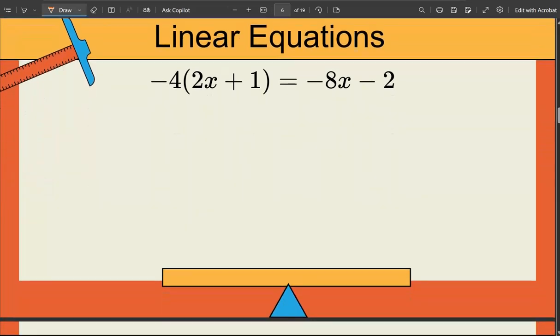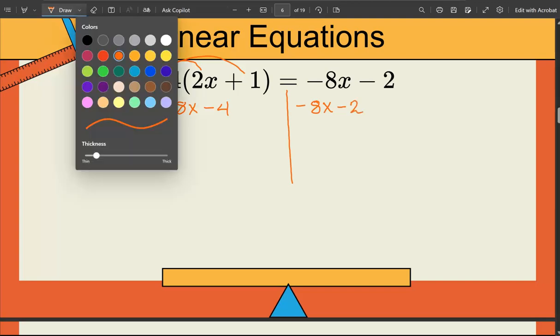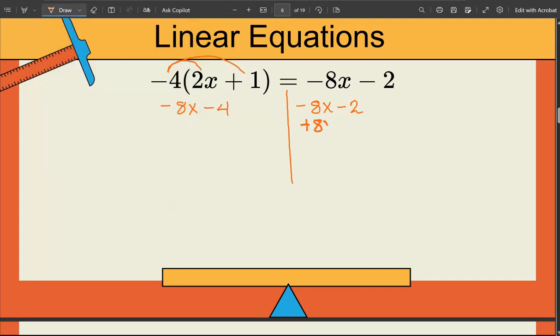So let's try this one. Here I'm going to draw the line underneath the equal sign. I'm going to distribute. I get -8x. Negative times a positive is -4. And I have negative 8x minus 2. I see that I have variables on both sides of the equation, so I'm going to move the variable from the right-hand side to the left-hand side using opposite operations.